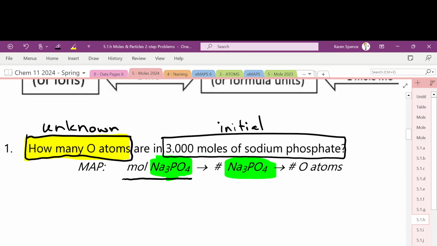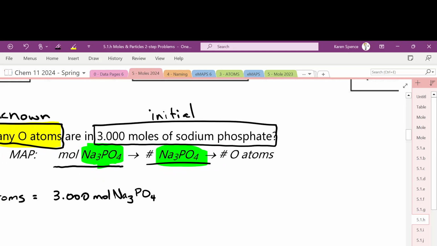So how would you set this up then? You would say, I want to know how many oxygen atoms, and I'm starting with 3.000 moles of Na3PO4. If I then want to find the number of Na3PO4, remember I have to write times and then a line.